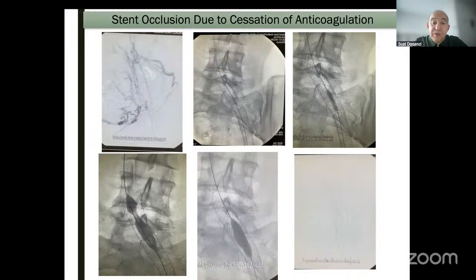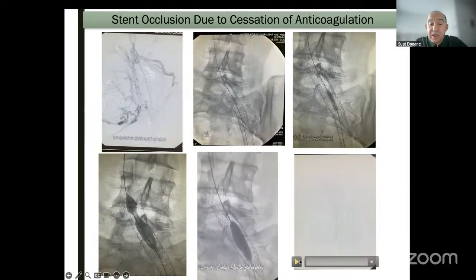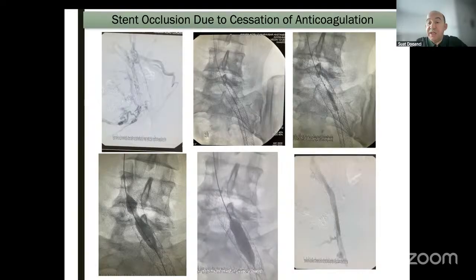So for this patient, I could hardly go through with some sharp recanalization and make some balloon angioplasties, because in my country, in Turkey, we don't have these new debulking devices. That's why the only option sometimes is balloon angioplasty. Although it's not a good way of recanalization, as you see here at the end, we could recanalize the stent again.